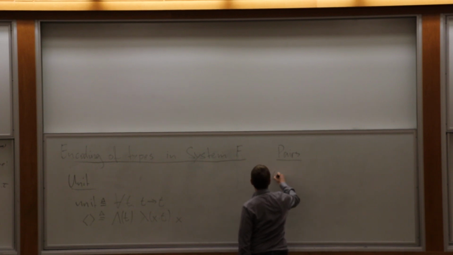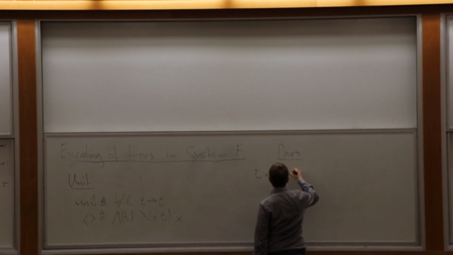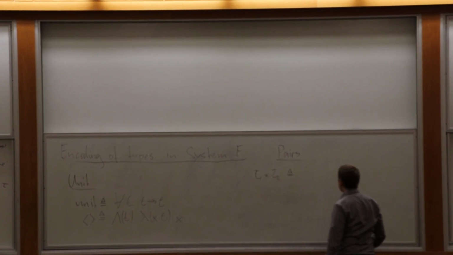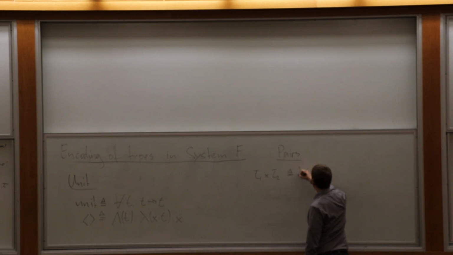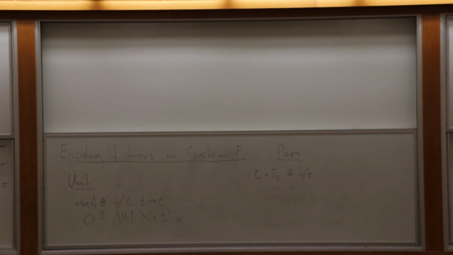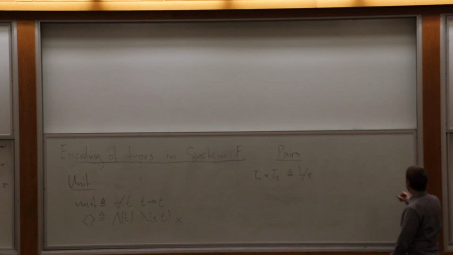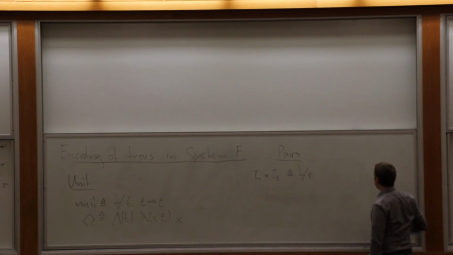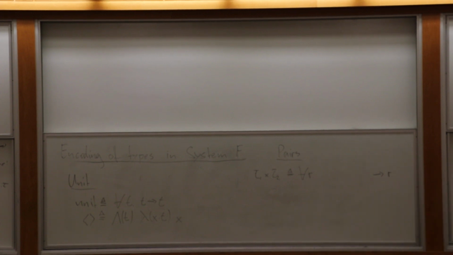So tau 1 cross tau 2 is what? It's for all R, and it's always the same scheme that we use when we construct these types. It always ends with arrow R, and in the middle part we list as arguments of this function all the constructors.